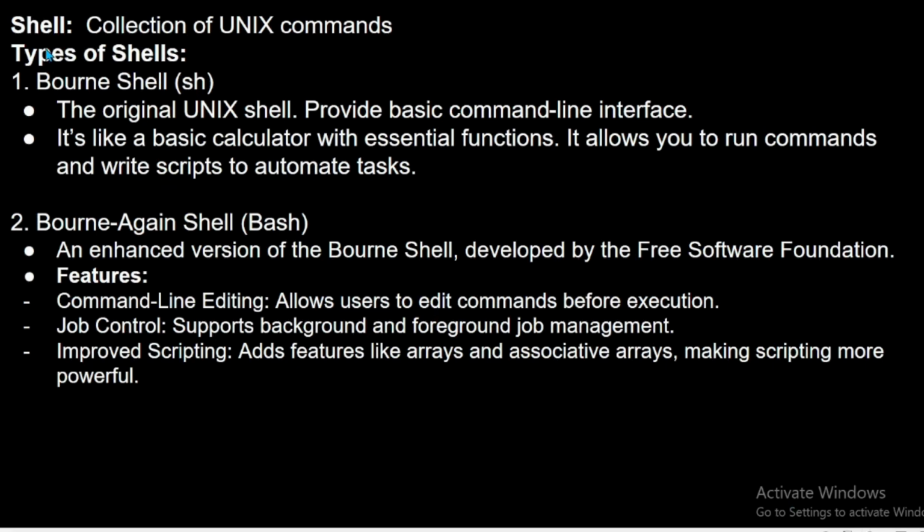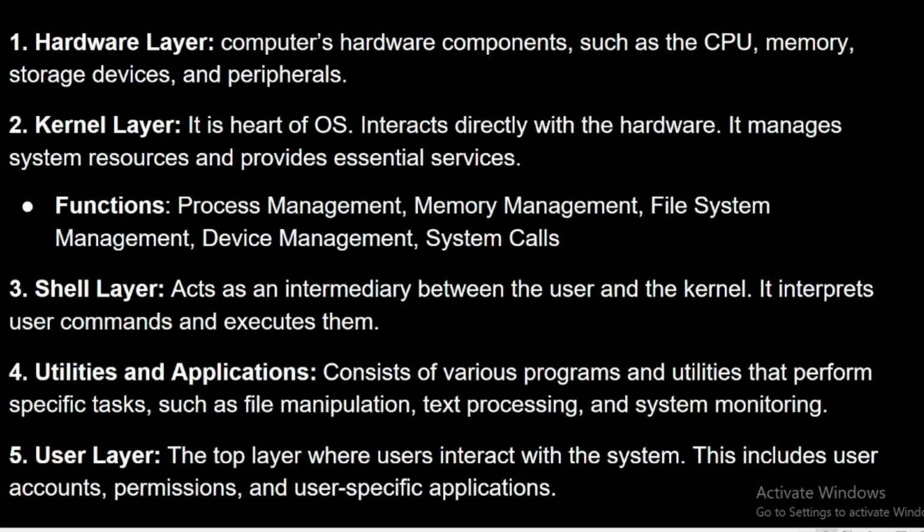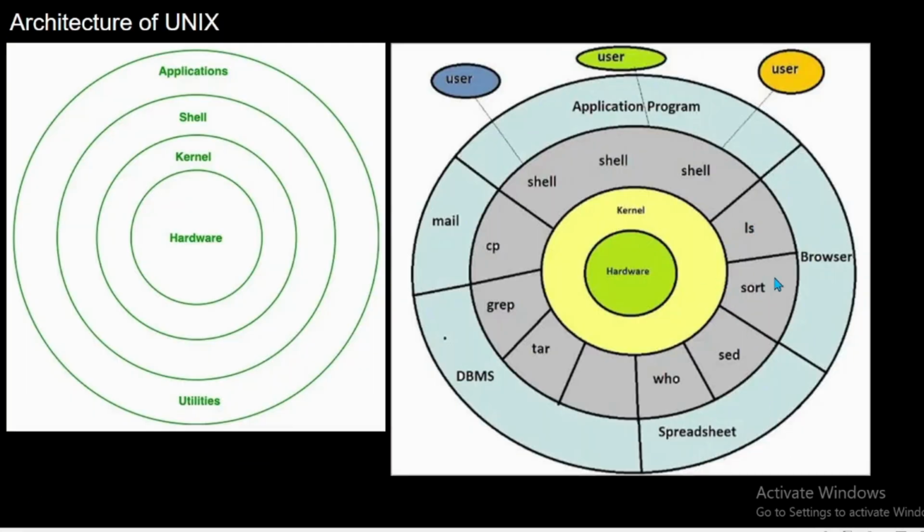Now let us understand about the shell. Shell is a collection of Unix commands that let the users communicate with the system. It accepts your commands, interprets them, and forwards them to the kernel. So the commands that we write, the basic commands like ls, sort, who, tar, grep, different commands are there.